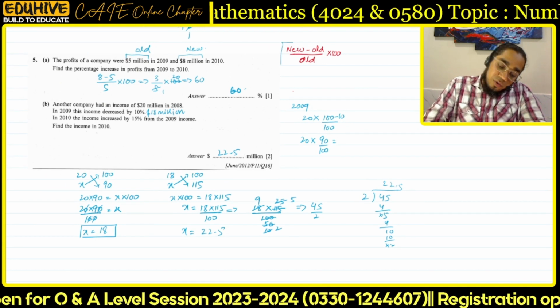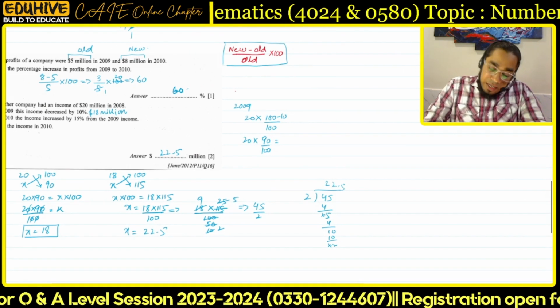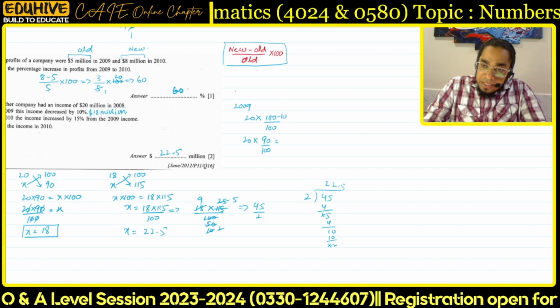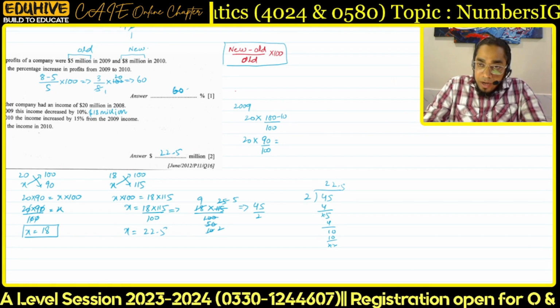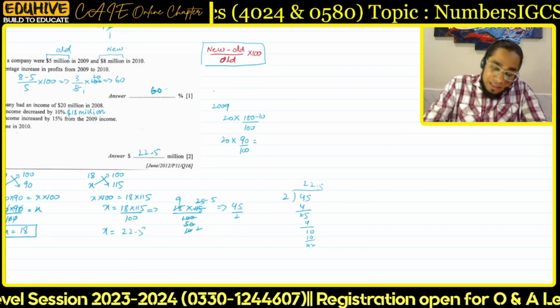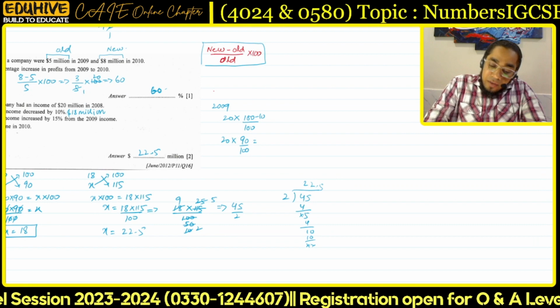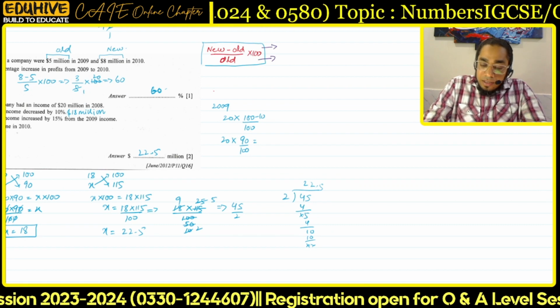It is used only for calculating the increase or decrease. Here the percentage increasing, we know that. But whenever we are asked to calculate the increase or decrease in the percentage, what was the increase? Is there an increase or a decrease? At that time we are going to use that formula in order to identify whether the percentage was an increase or decrease.